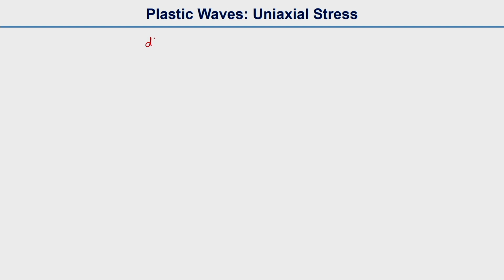Finally, to get our maximum permissible impact velocity, we want to do something more. We have d sigma by d epsilon equal to sigma, and we know the constitutive relation is sigma equal to k epsilon to the power n. If we use k n epsilon to the power n minus 1, and here k epsilon to the power n, k will be cancelled out, which will give us n equal to epsilon.